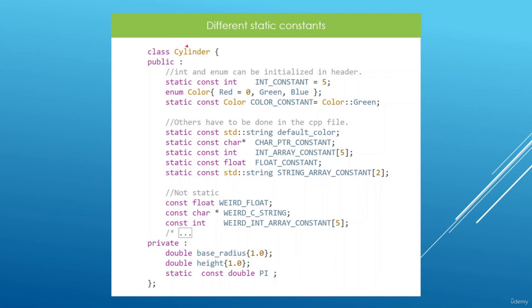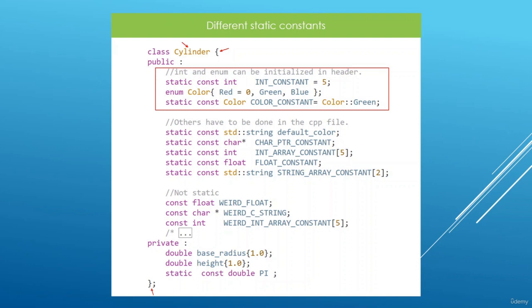Here we have a cylinder class, and inside we have a bunch of member variables. I put in many types so that you can really see this in action and have many examples to go by. But on top here, we're going to have what we could initialize in the class declaration, and I mean wherever you declare your class, within the curly braces that encompass your class.